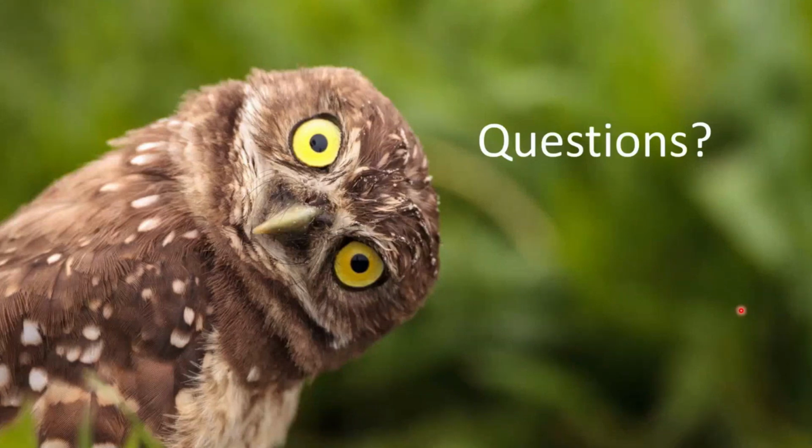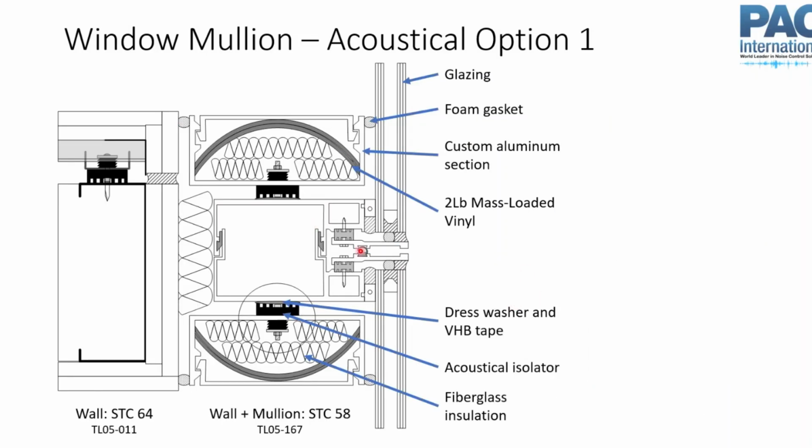And it's been a little while since I've looked at it, but I'm pretty sure we have a test for this mullion wall configuration. We did the bare wall. You see here, the wall itself was an STC 64.